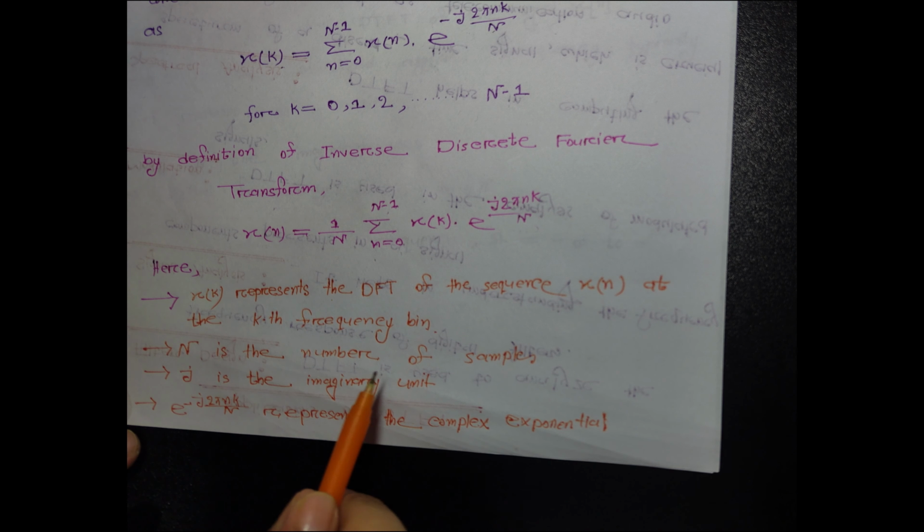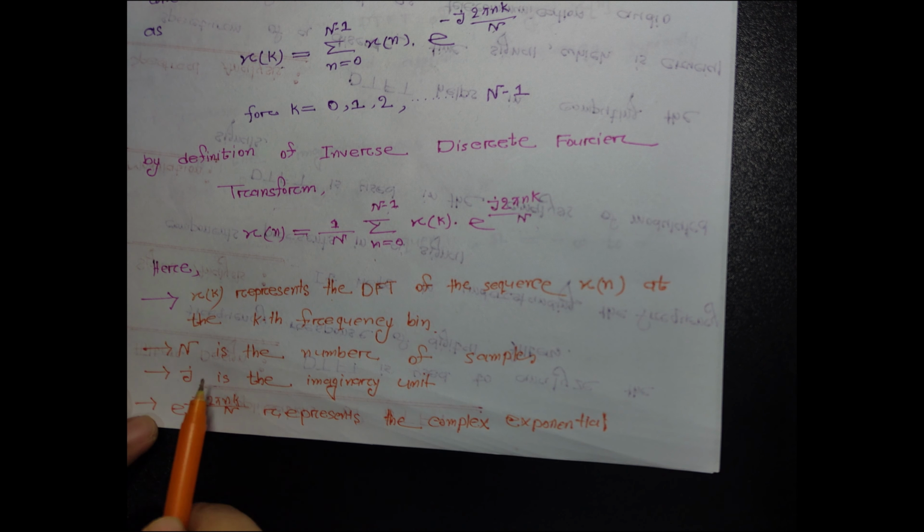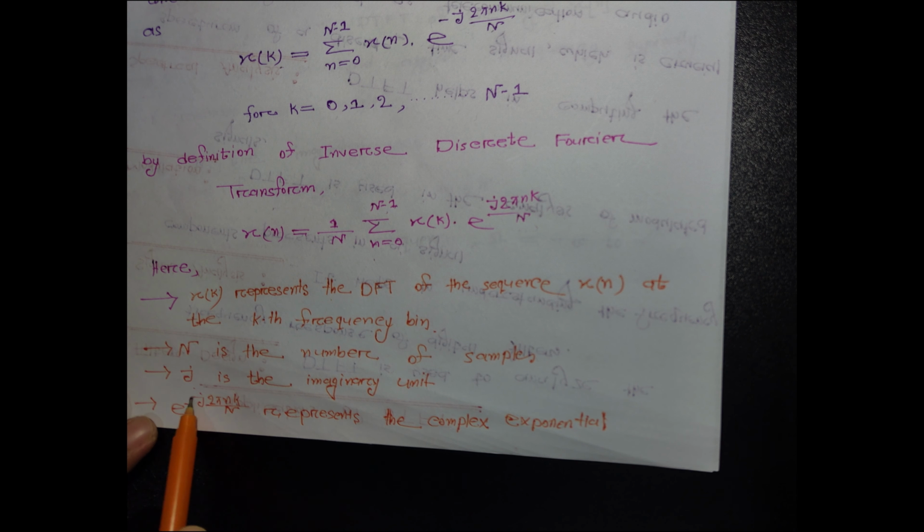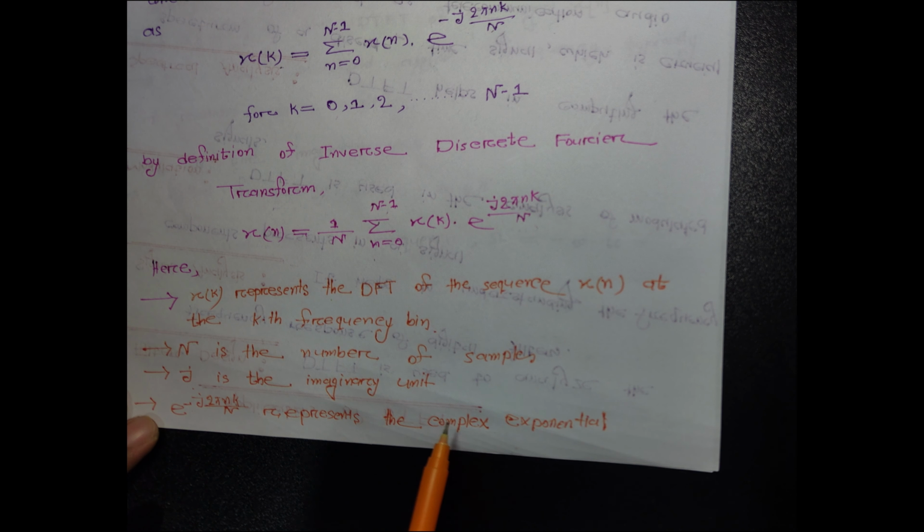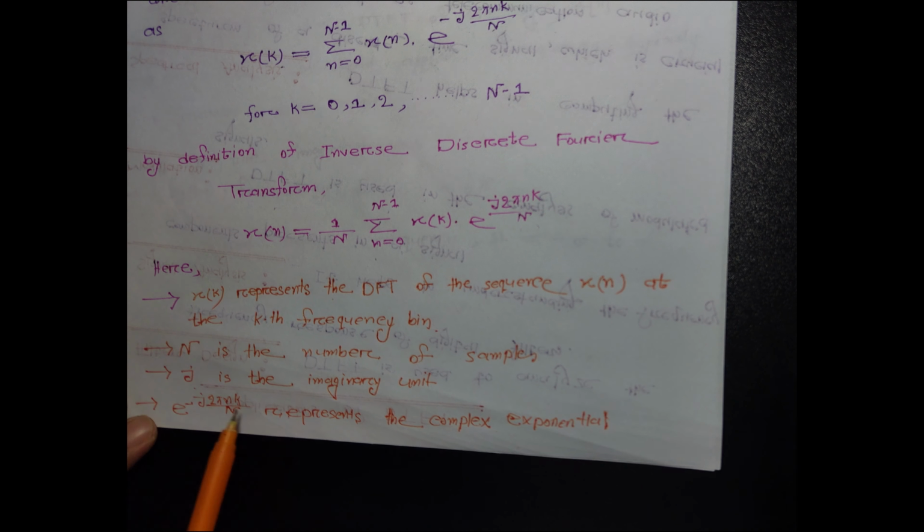N is the number of samples, j is the imaginary unit, and e to the power minus j 2 pi n k divided by capital N represents the complex exponential. Actually, it is the basis function for the discrete Fourier transform.